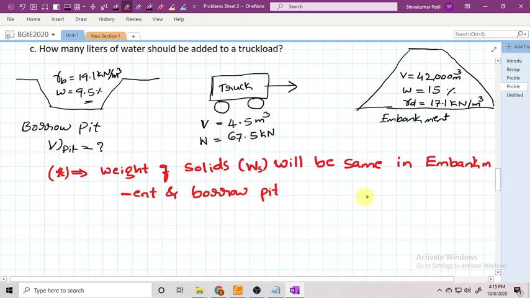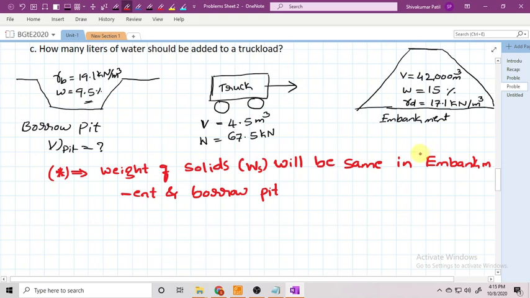Now whether I can calculate something from here: whatever parameters they have given, dry density and volume. I can find out the total volume, right?